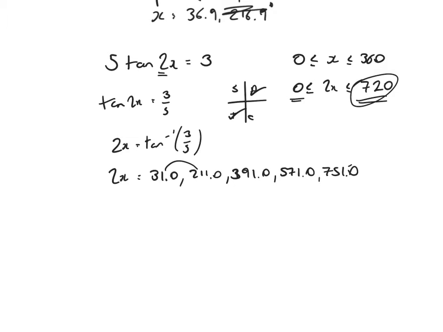As I can see, that's out with the limits, so I'm going to get rid of that one. I then divide all my answers by 2. And that will give me 15.5, 105.5, 195.5, and 285.5 degrees. Okay, next question.